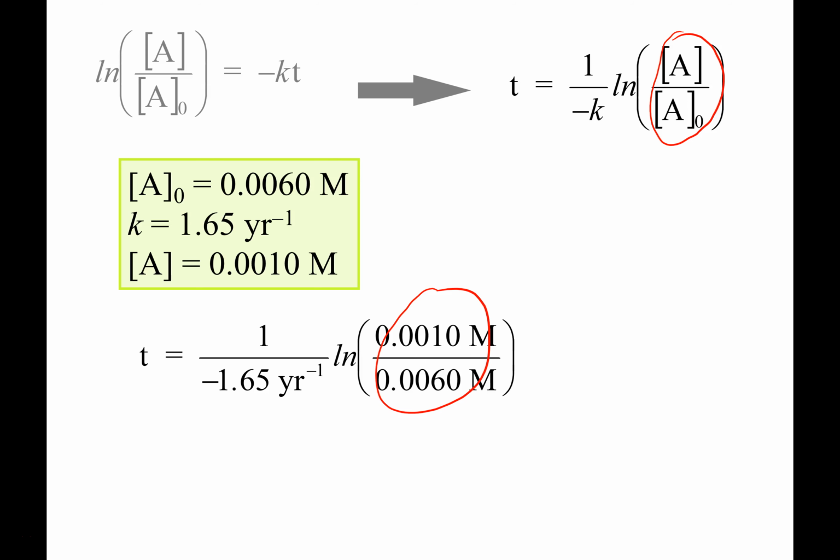So anyway, rounding it to 2 sig figs. Oh, so I'm giving myself 3 here. I'm not sure why, but we'll go with it. Rounding to 3 sig figs, you're looking at 1.09 years. Okay, so that's the answer to those 2 questions using the first order integrated time concentration equations. Again, which one you use depends upon what you're after.